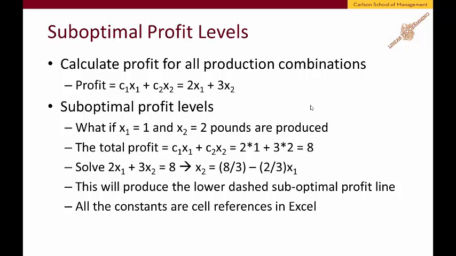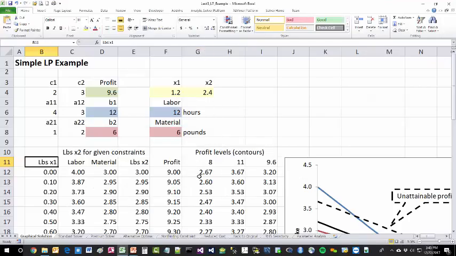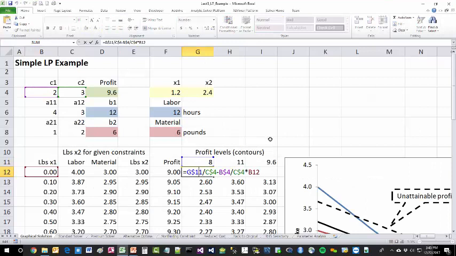The only additional thing here is that I wanted to visually depict the entire suboptimal profit contour dashed line towards the bottom of the chart by setting the profit level at 8, and then solving for x2 for every value of x1, going from 0 to 3 pounds, in increments of 1/10 of a pound. So this equation shown right here is implemented in column G, specifically right here.